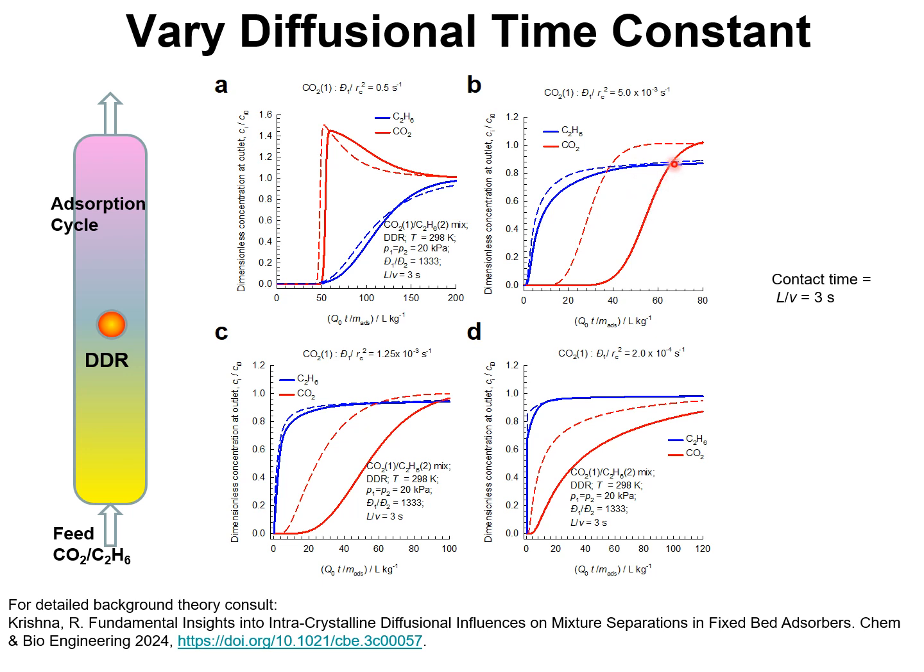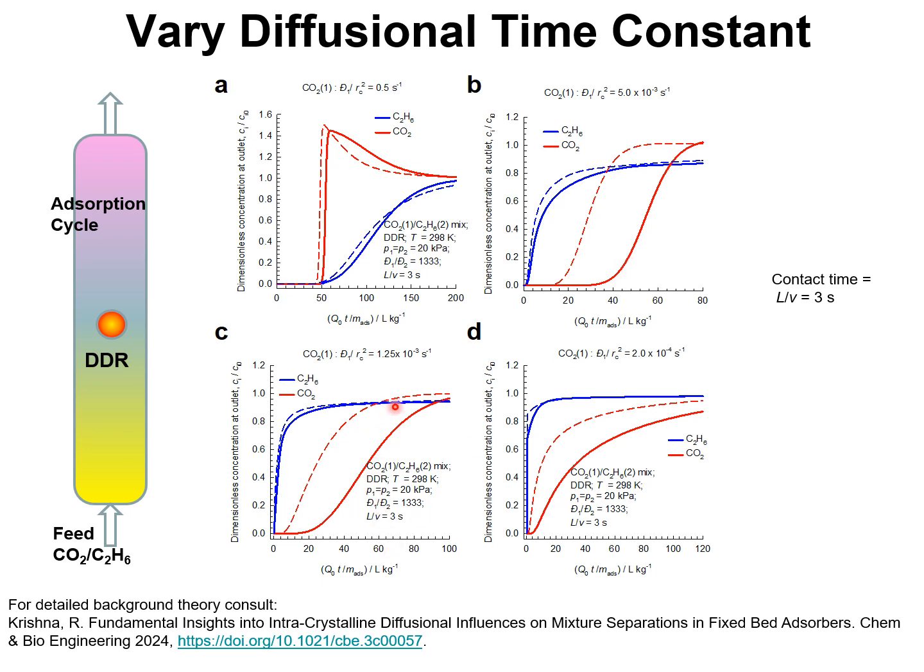And therefore, it is not surprising that the LDF model, even though it predicts the selectivity reversal, the quantitative agreement with the rigorous Maxwell-Stefan equations is rather poor.